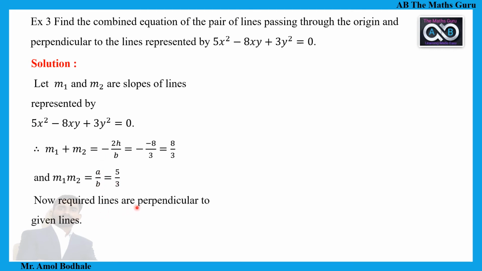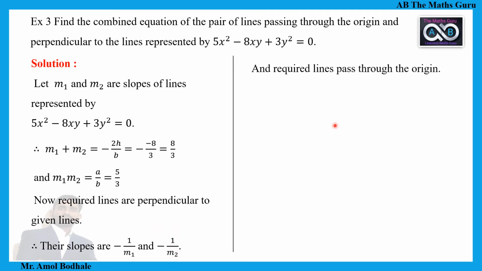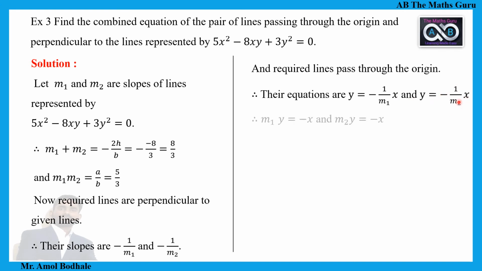Now the required lines are perpendicular to these lines. So their slopes should be the negative reciprocal of these slopes. Therefore the slopes of the required lines are minus 1 upon m1 and minus 1 upon m2. And the required lines are passing through the origin. Therefore their equations are y equal to minus 1 upon m1 into x and y equal to minus 1 upon m2 into x.